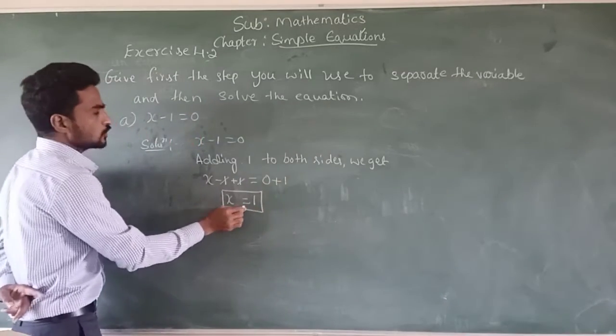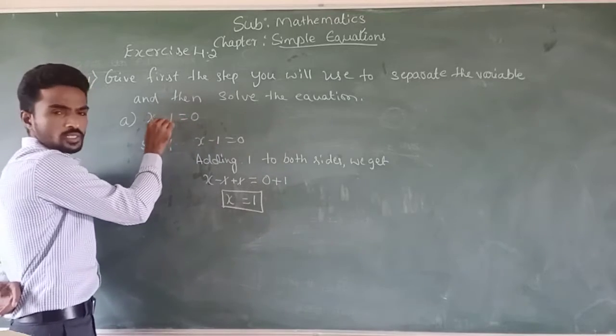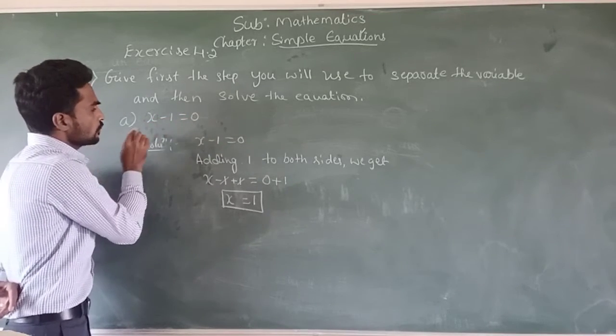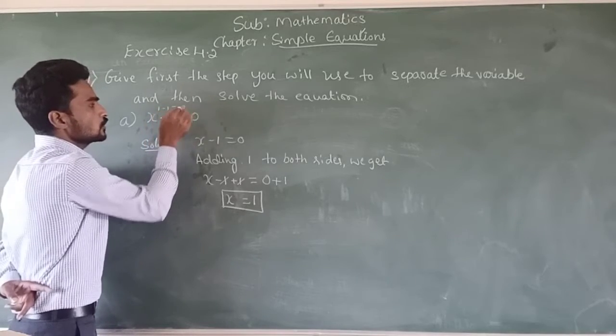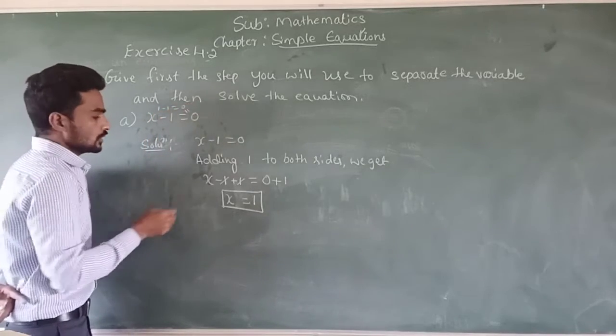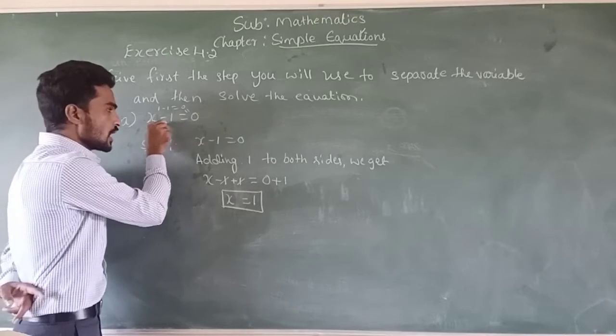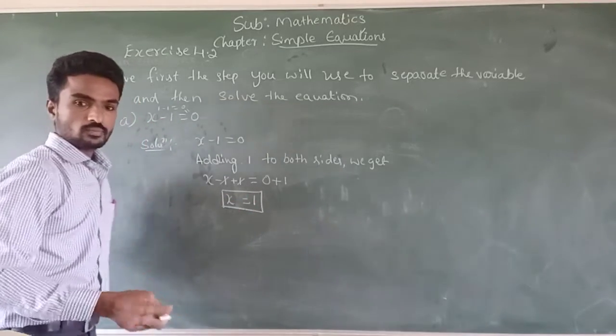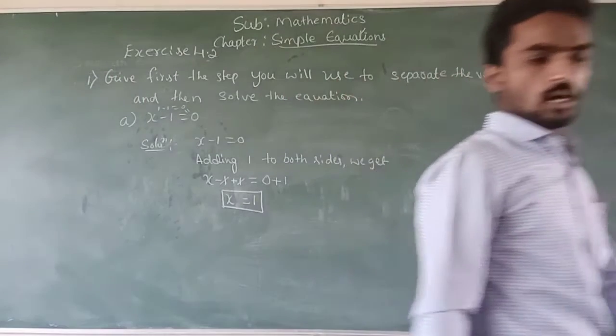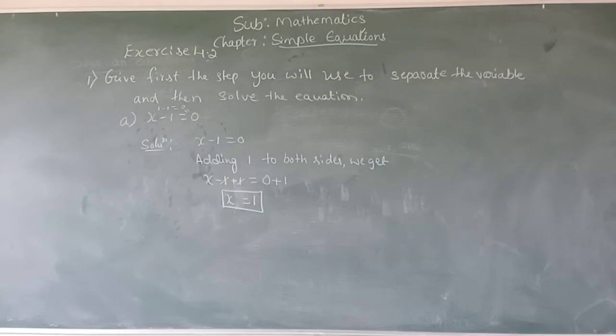Then x is equal to 1 is the solution of the given equation. For example, you put x is equal to 1, then 1 minus 1 that is equal to 0. Therefore, this equation is satisfied at x is equal to 1. Now, going to solve some more problems in this exercise.